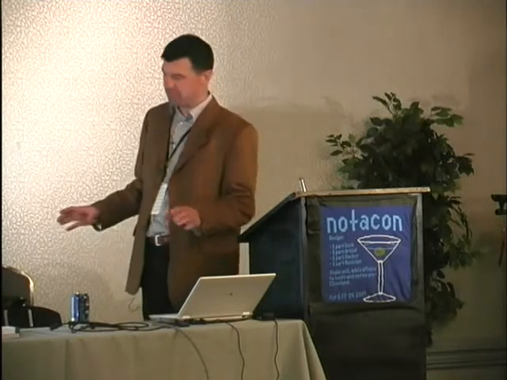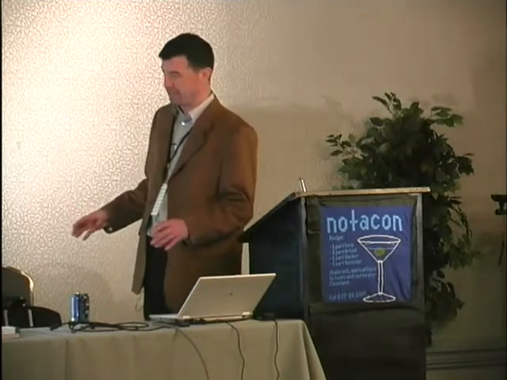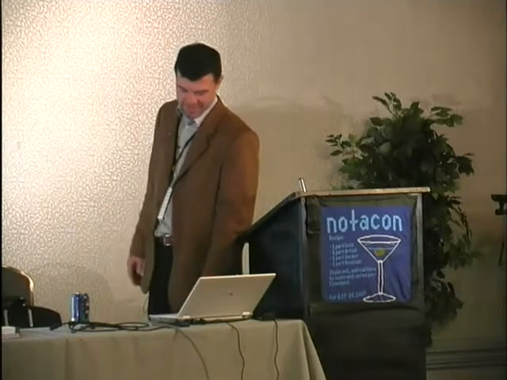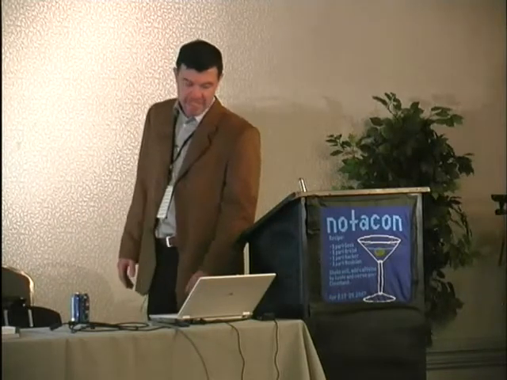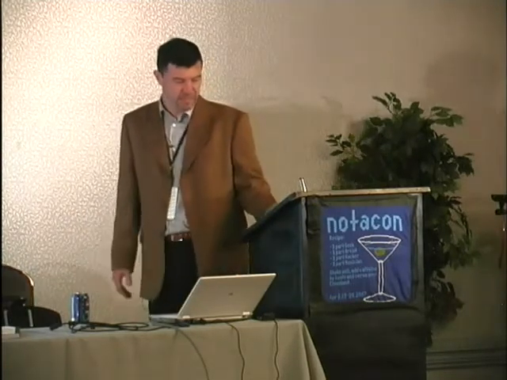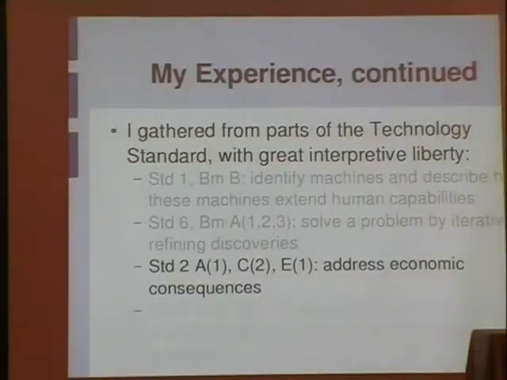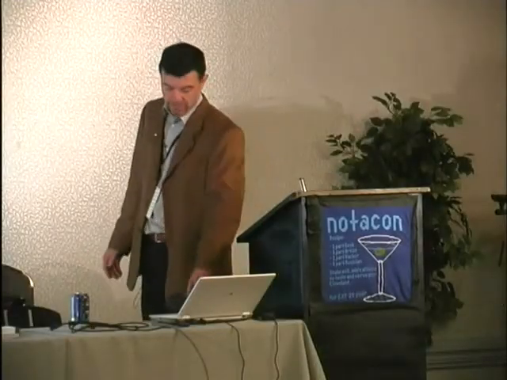Solve a problem using iterative discovery: I stretched this to convey debugging, the closest thing I could find. Address the economic consequences: we could potentially do this, comparing and contrasting how it might limit the number of unskilled jobs available, as most automation does, software being no different.